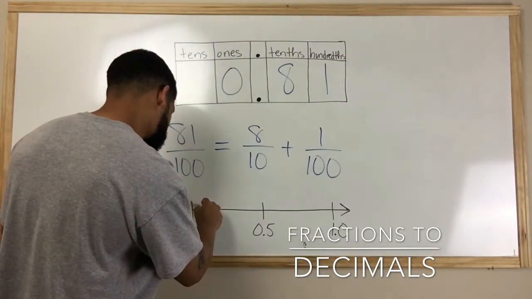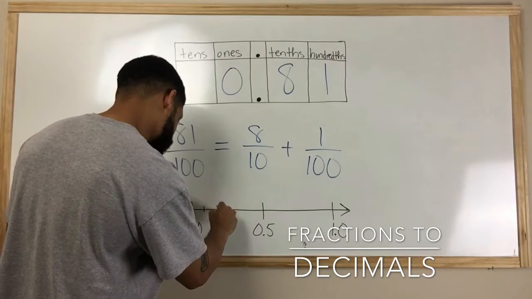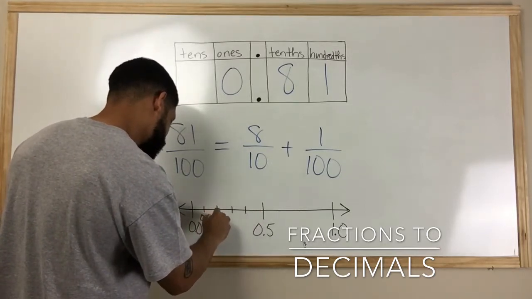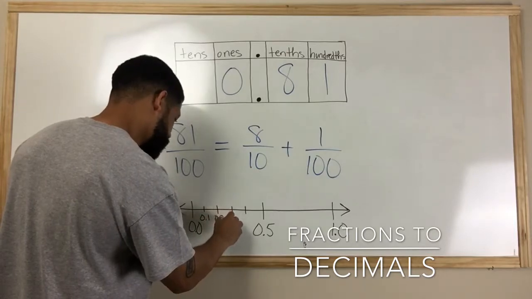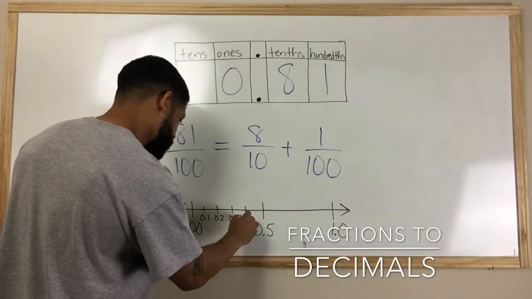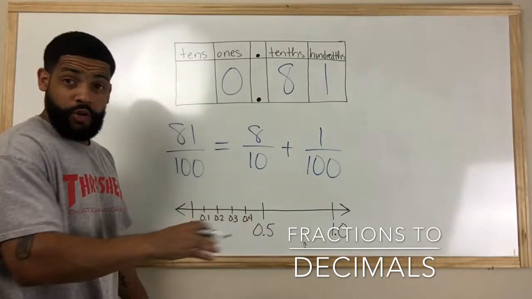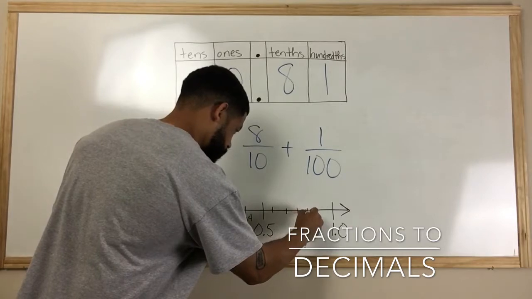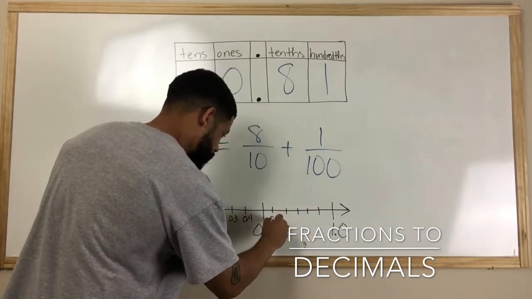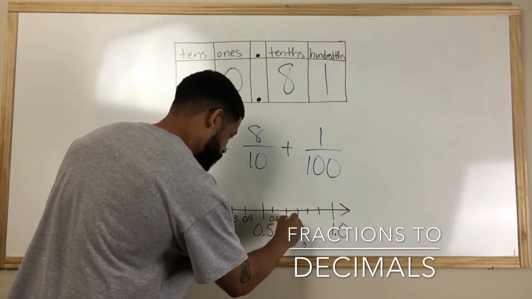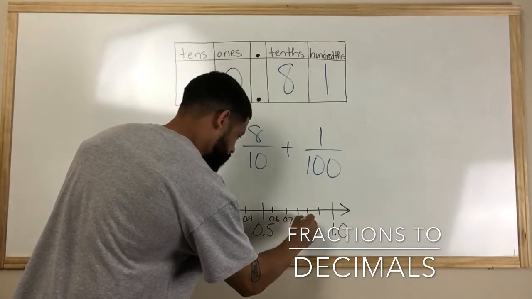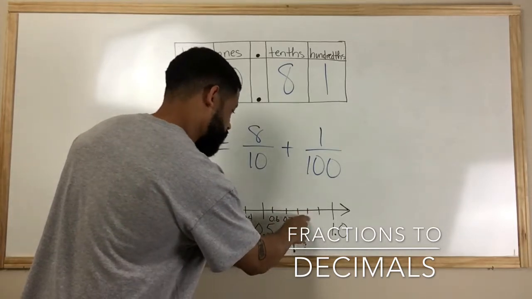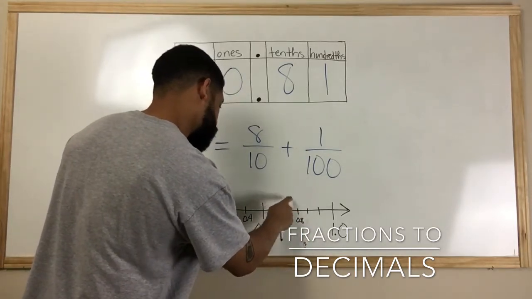Then we have 1/10, 2/10, 3/10, and 4/10. Then we have 6/10, 7/10, 8/10, and I actually labeled this incorrectly. 6, 7, 8, 9.